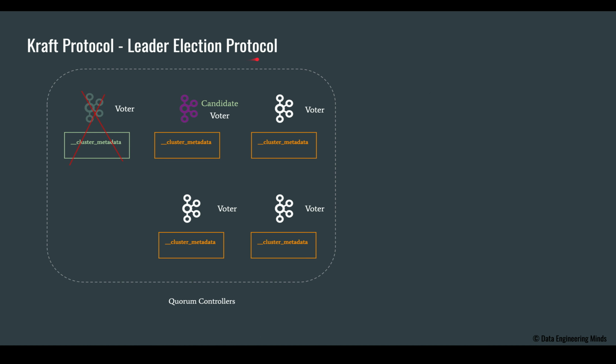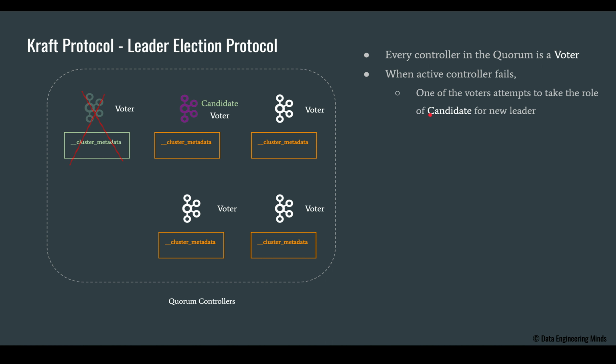So in this new leader election protocol, all the controllers that are part of the quorum controller are considered as voters. Now, when the active controller fails, one of the voters, that is one of the follower controllers, will attempt to take the role of a candidate for becoming the new active controller. This candidate will request votes from all the remaining voters.